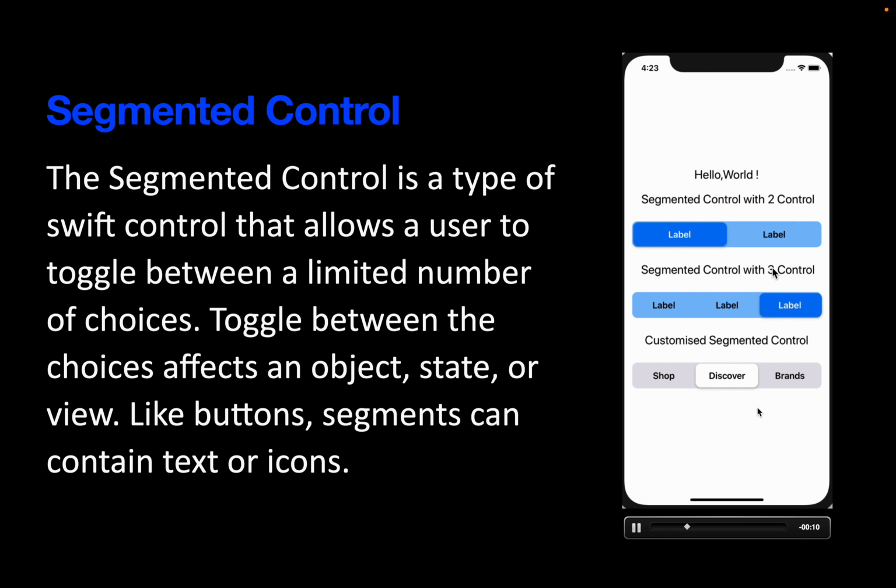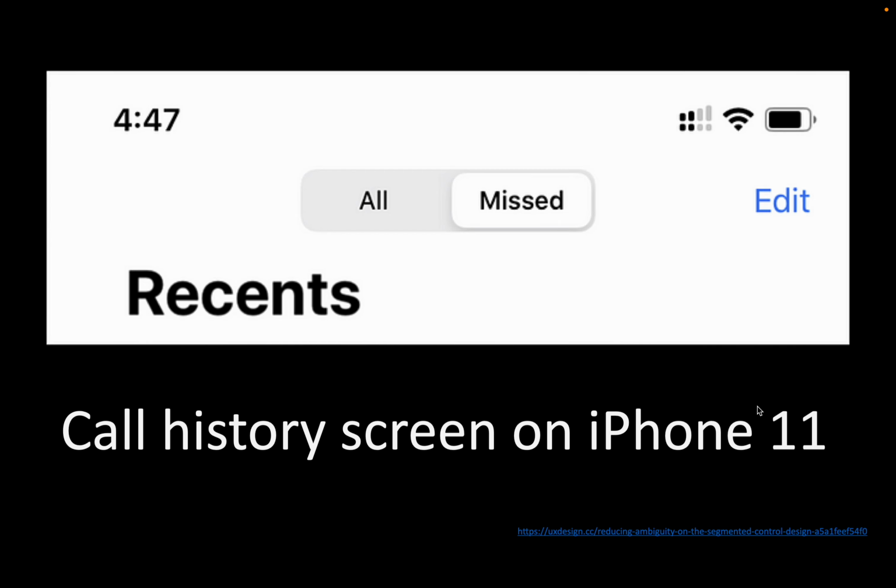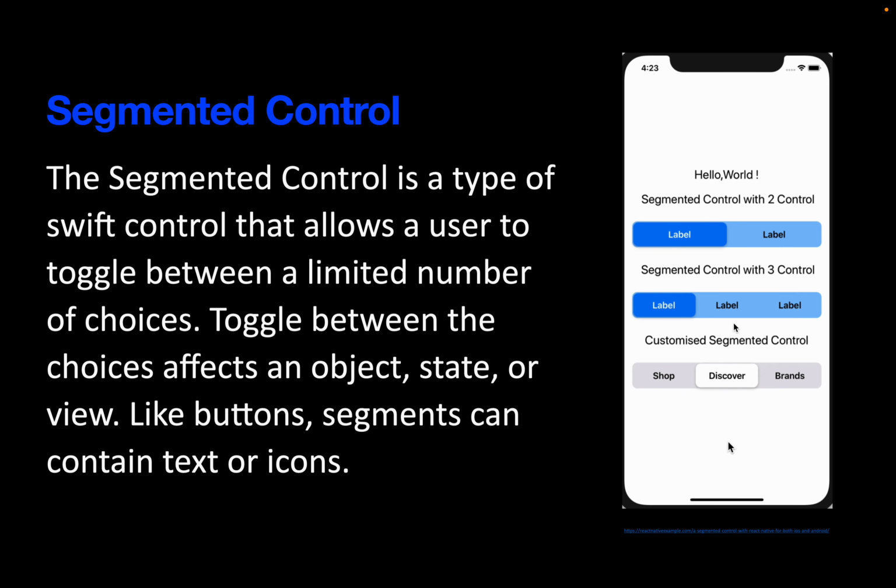It's something like this, where it's essentially a kind of control that allows the users to toggle between a limited number of choices, and as you toggle between these choices, it would affect the object state or the view, the user interface of your app. Typically, just like the buttons we did in the past, segments can contain either text or icons, and you're going to see how we're going to use it today.